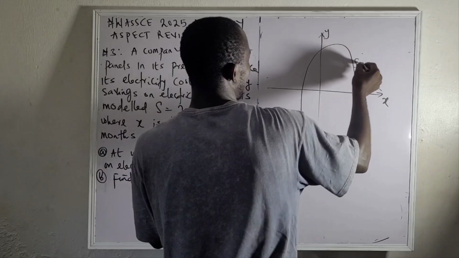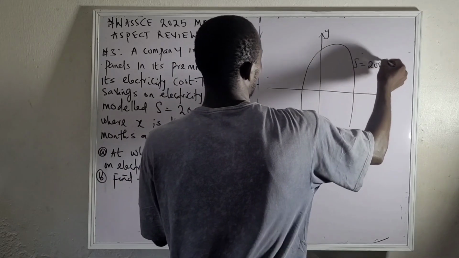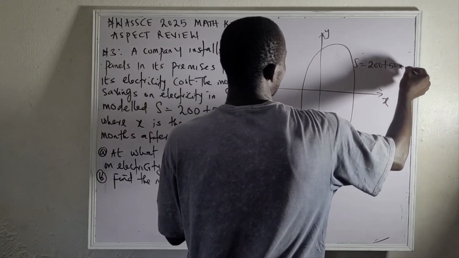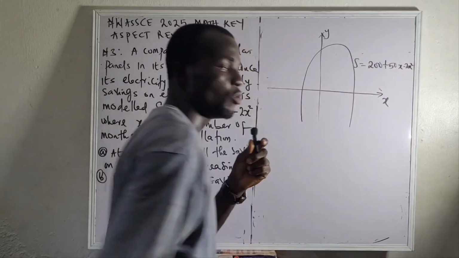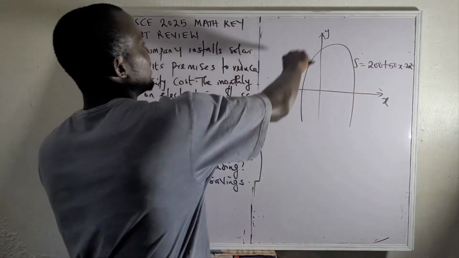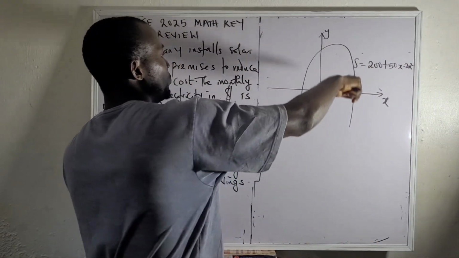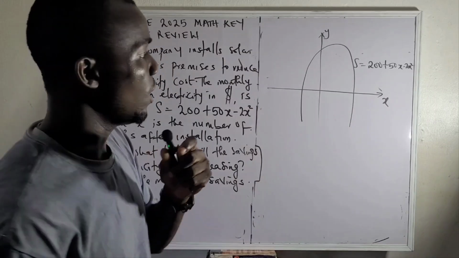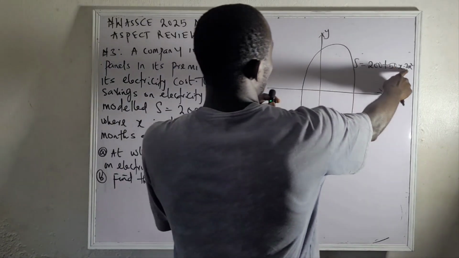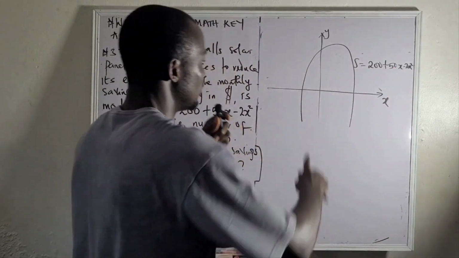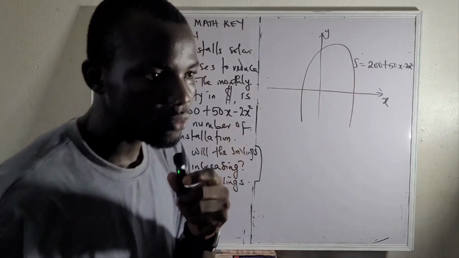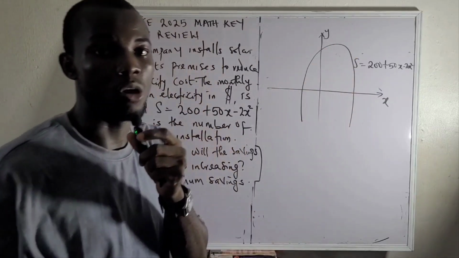This is the curve of S equals to 200 plus 50x minus 2x squared. That's what you have. I draw it like this because the coefficient of x squared is negative, hence it's going to go this other way, and then you are going to have a maximum point.